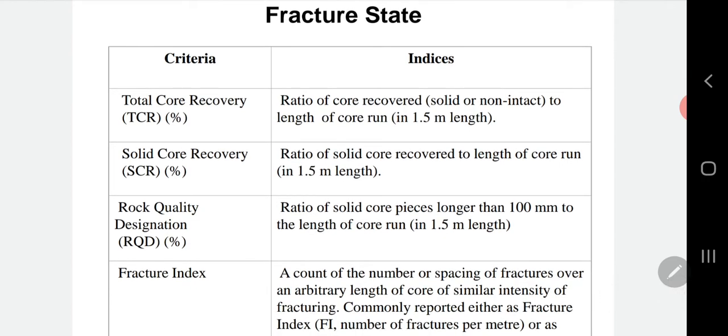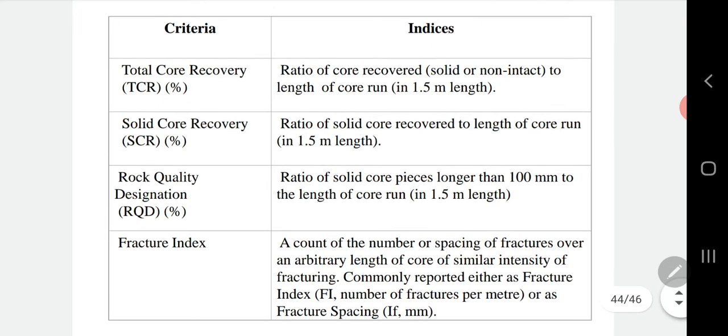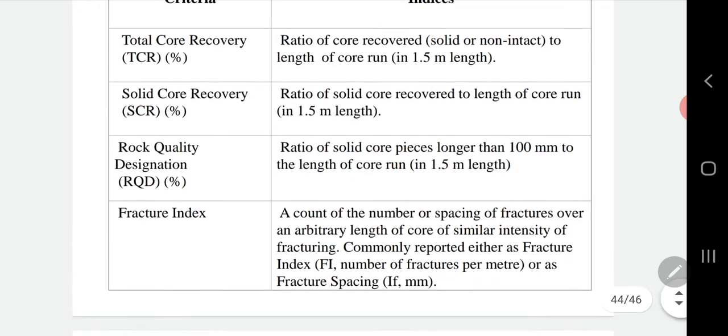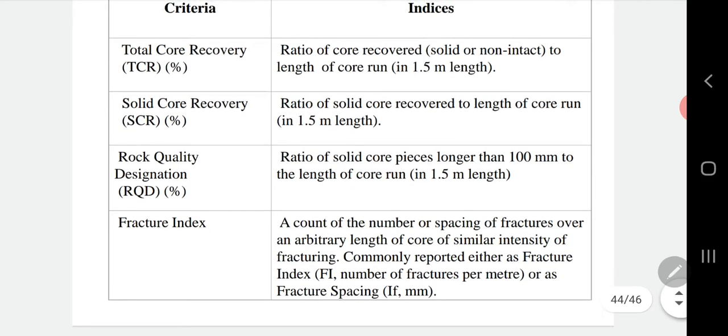Okay, so you need to know about the criteria. This one is under fracture state. Total core recovery, or TCR, is the ratio of core recovered, solid or non-intact, to the length of the core run. Solid core recovery, or SCR, is the ratio of solid core recovered to the length of the core run.